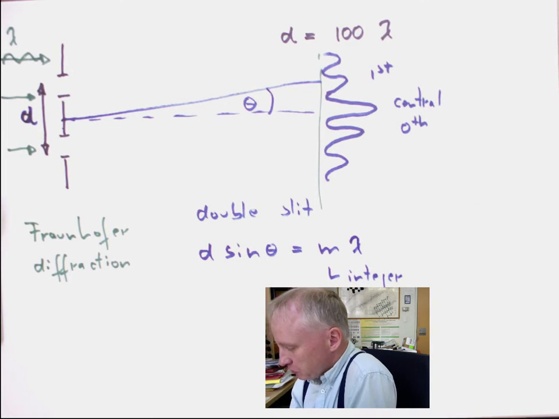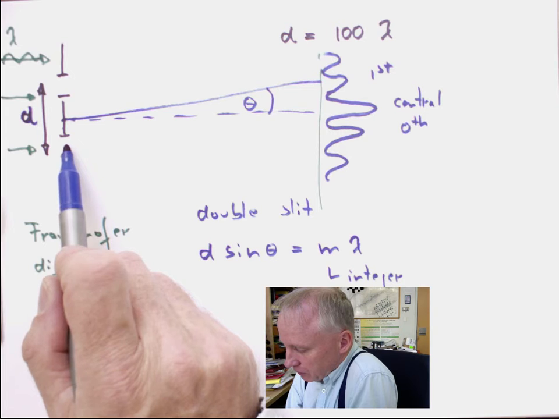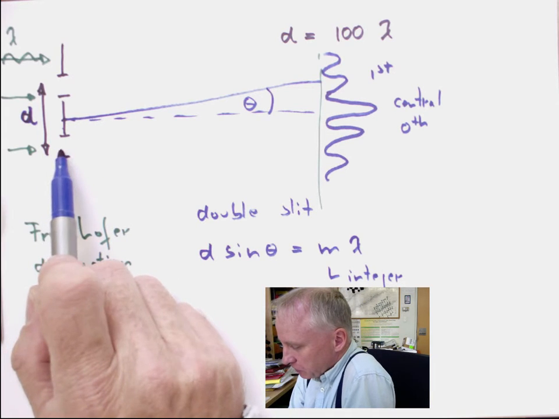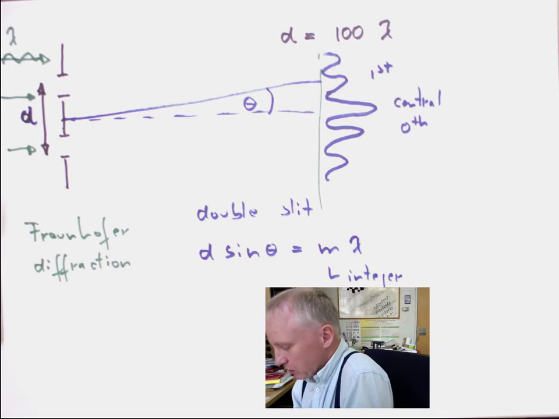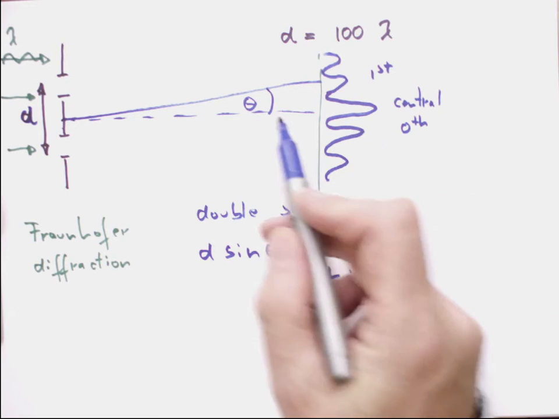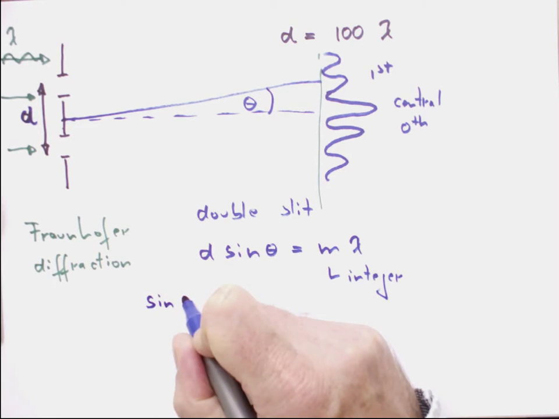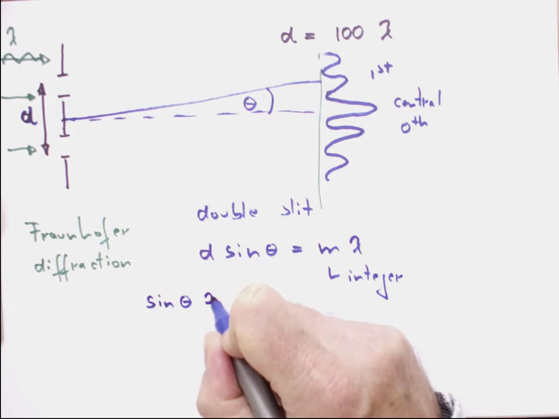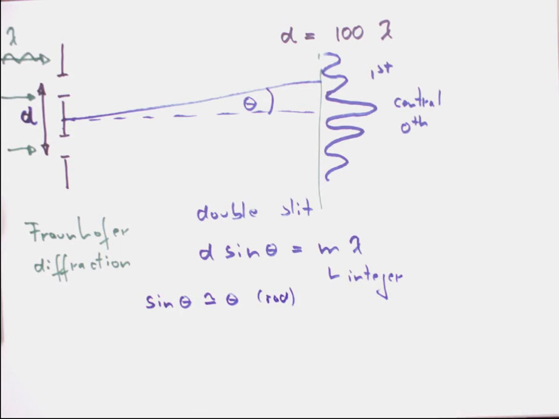So whenever we've got multiple wavelengths path differences between the ray that comes from this slit and the ray that comes from the other slit ending up here, we will have constructive interference. Since the angle theta is rather small, we can also make the approximation sine theta is approximately equal to theta in radians.